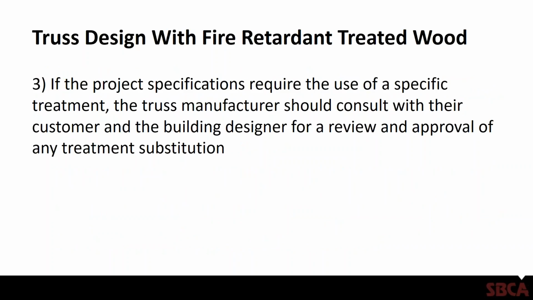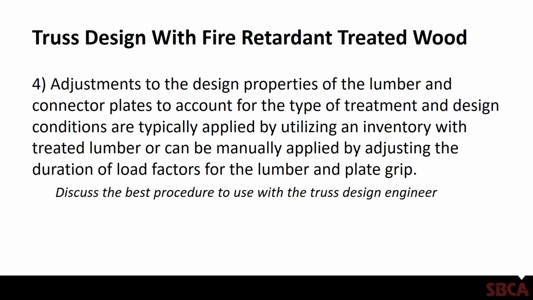Additional information: if the project specifications require the use of a specific treatment, but after discussing with the truss design engineer or the plate supplier, it's decided we'd like to go with a different one, then obviously the truss manufacturer needs to consult with the customer and the building designer for review and approval of any treatment substitution. Adjustments to the design properties of the lumber and the connector plates to account for the type of treatment and design conditions are typically applied utilizing an inventory of the treated lumber that's already in the design program.